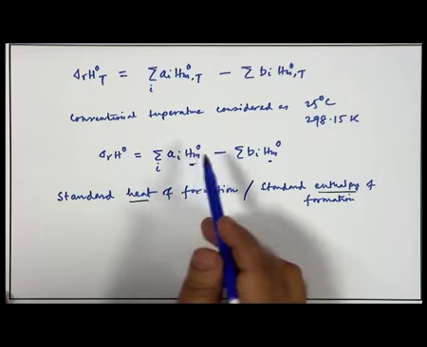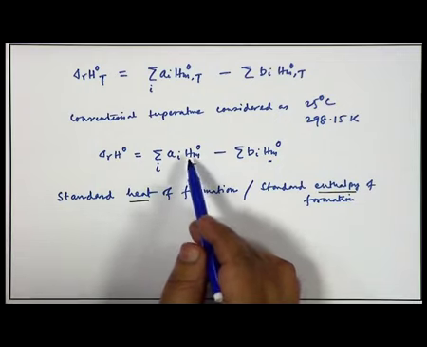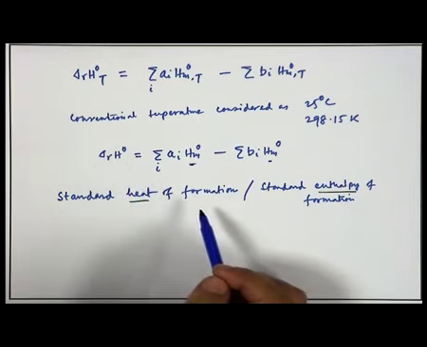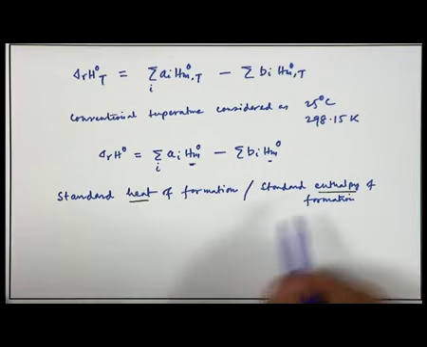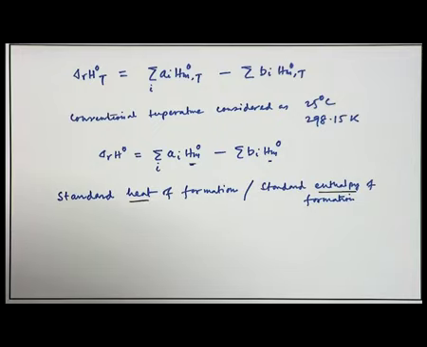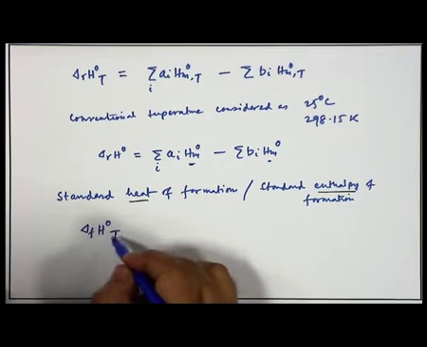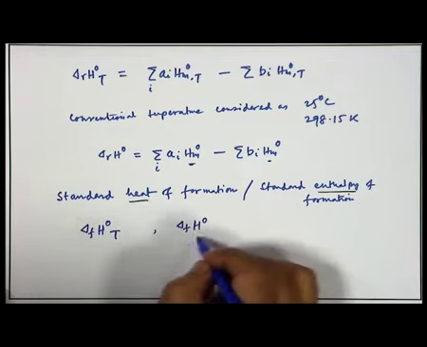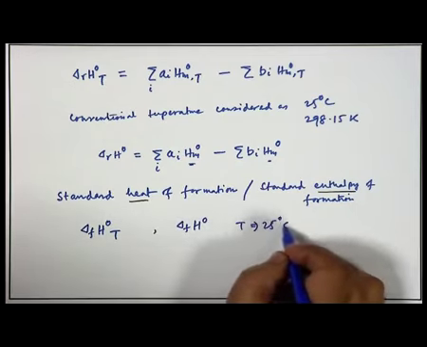Hence, we require an indirect method to find out the standard heat of reaction or standard enthalpy of reaction, and that is the reason we define the term standard heat of formation. We represent this for a particular temperature, and if I just write it like this, then you will understand this is for 25 degree centigrade.